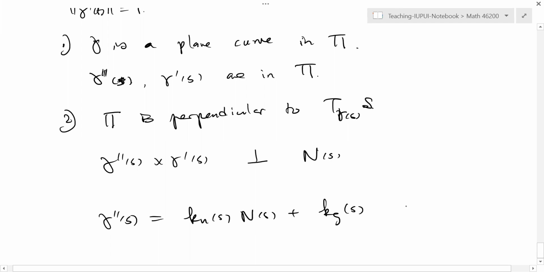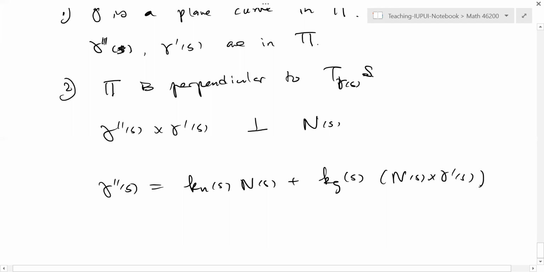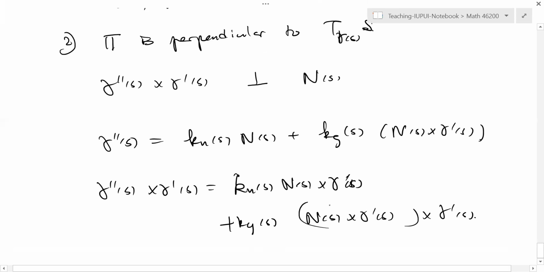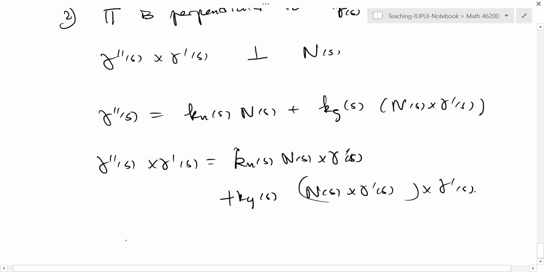This is N_s plus gamma prime_s. Think about it: this is gamma prime, this is N. The product of these two will go in that direction.